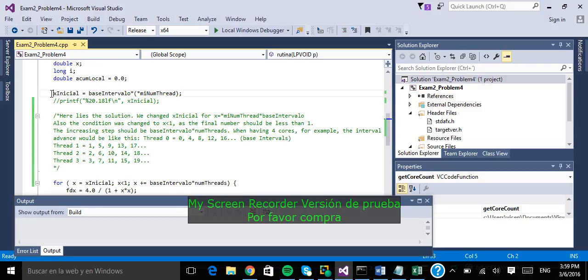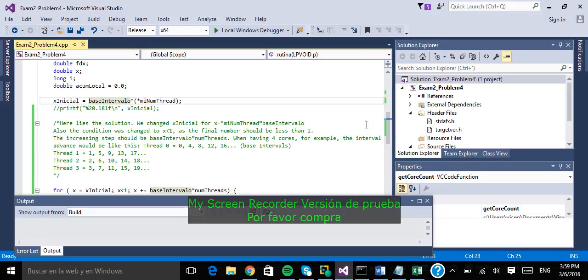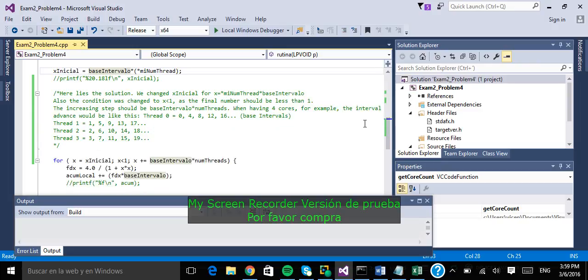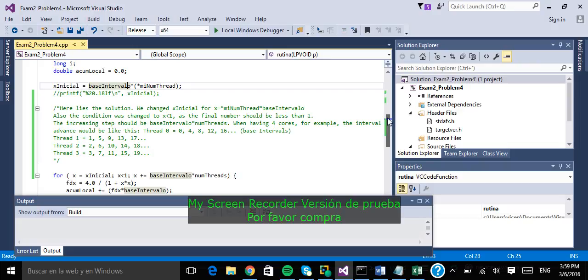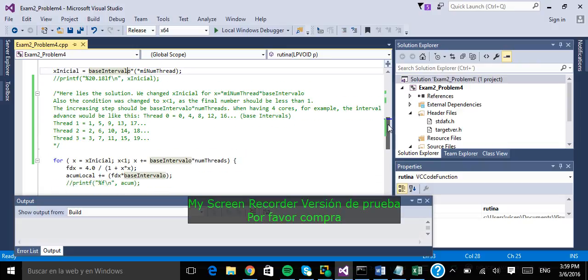The first thing we changed was the initial value, as before the thread was sent the initial value for each chunk and the dimension that it had to reach for each thread.